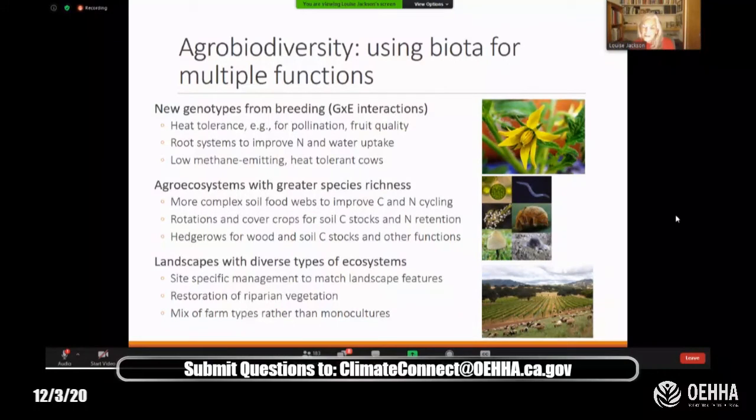So for example, animals might graze on hillier terrain, the best soils might be used for crops, and there's restoration of riparian vegetation and its carbon stocks in stream corridors. The other idea is that when there's a mix of farm types rather than monocultures, there's essentially what's called more insurance value. There's a better chance that some things are going to work out in the case of uncertain climate events.